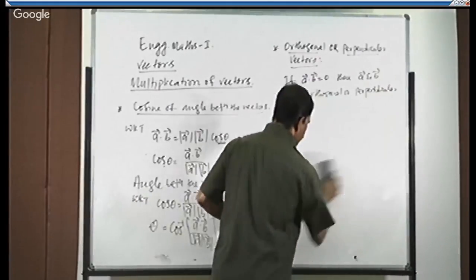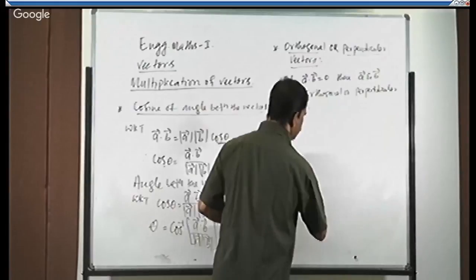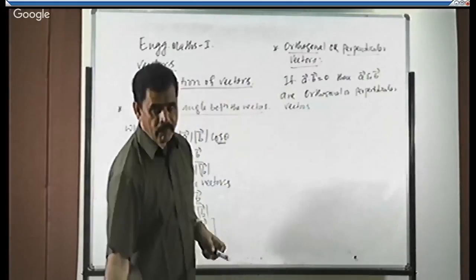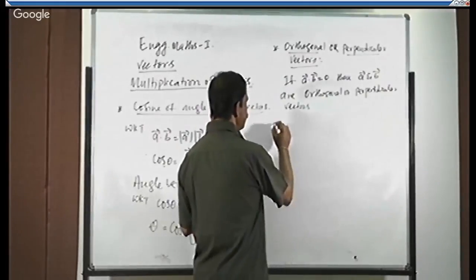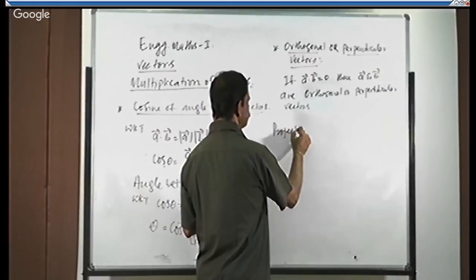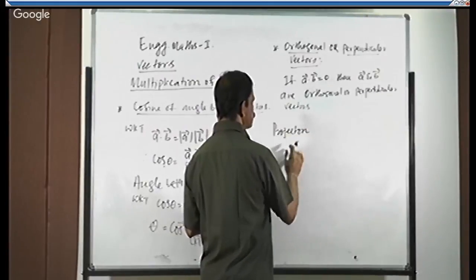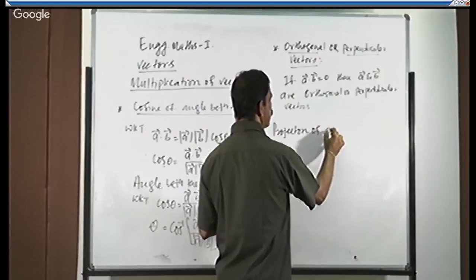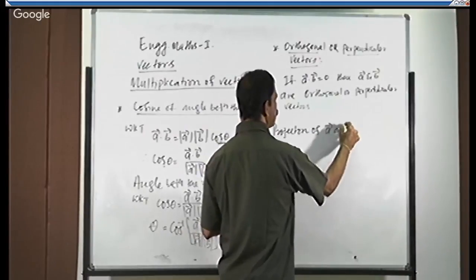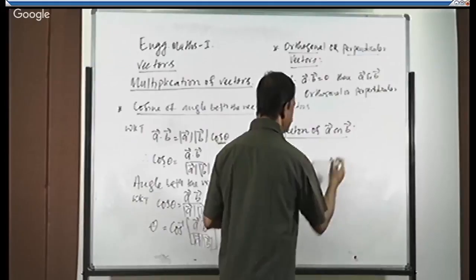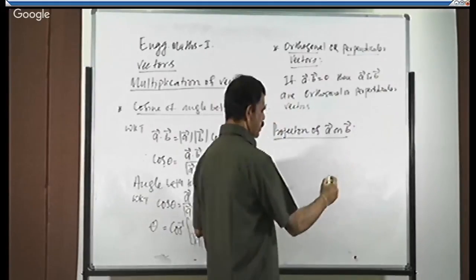Next property, we can project one vector on another vector. That is the projection of vector A on vector B. So what is the meaning of projection? Let us take two vectors.